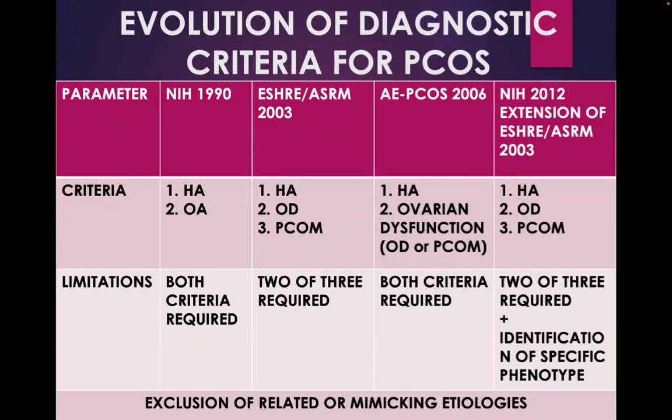I will be discussing what those phenotypes are. They said 2 of the 3 required criteria which the Rotterdam defined, plus identification of specific phenotype: phenotype A, B, C, D. According to that we have to label the patient, which will have further clinical implications.